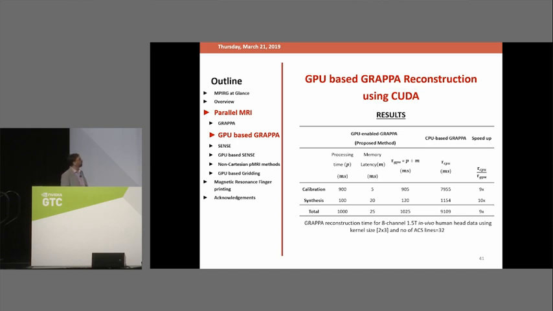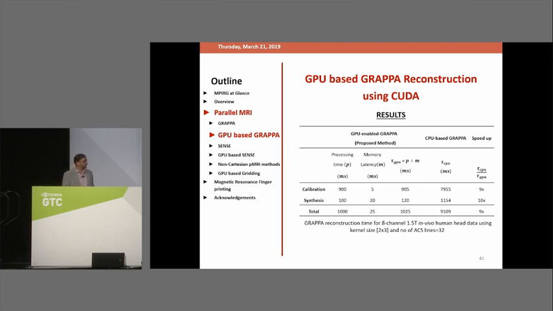In this slide, we performed the calculations separately. We could get a 9x speed up with the GPU with the design of this parallel approach in the calibration phase, and up to 10x acceleration, 10 times speed up, in the synthesis phase.